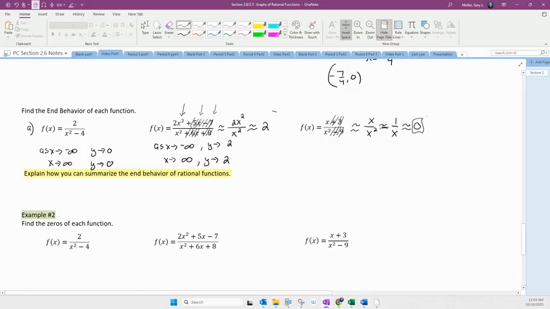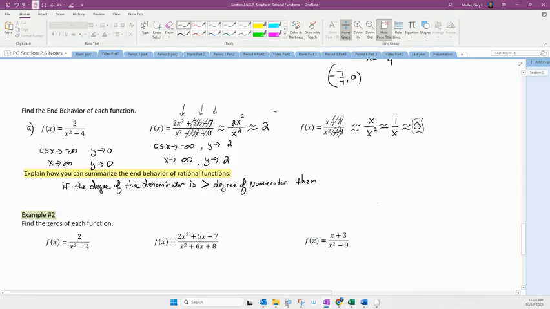So how can you summarize the end behavior of rational functions? It all comes down to the degree of the polynomials. So let's summarize what we've seen here. If the degree of the denominator is bigger than the degree of the numerator, then what happens?